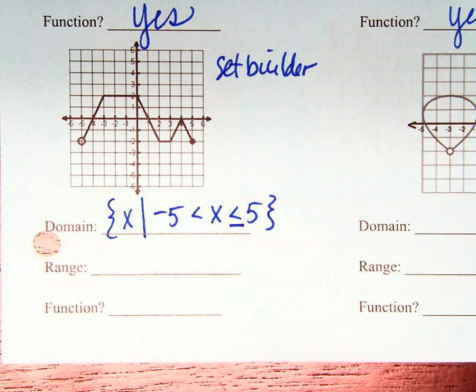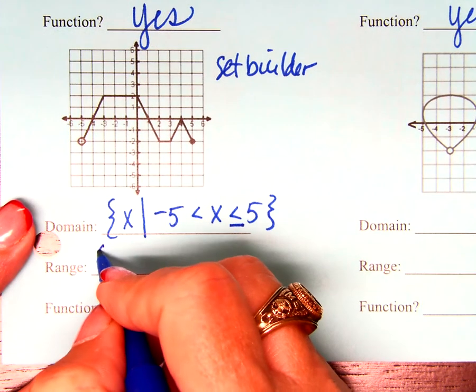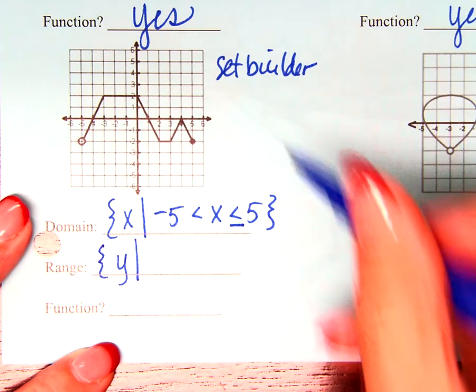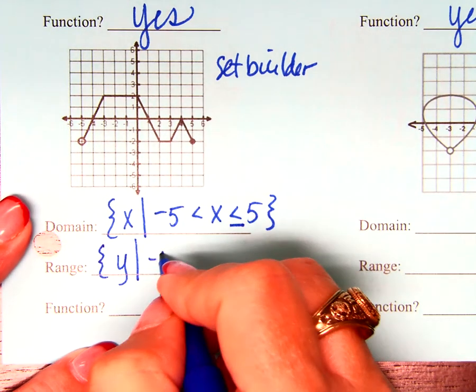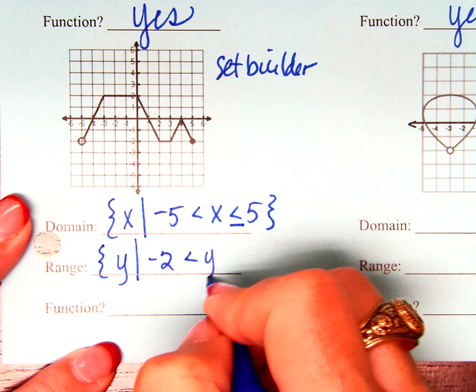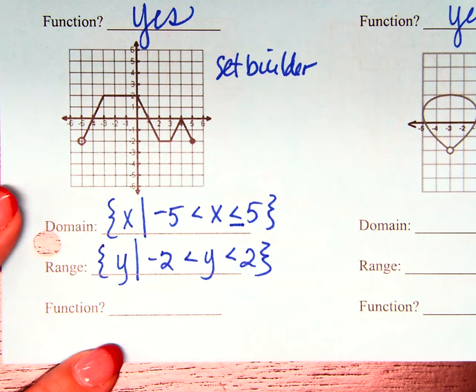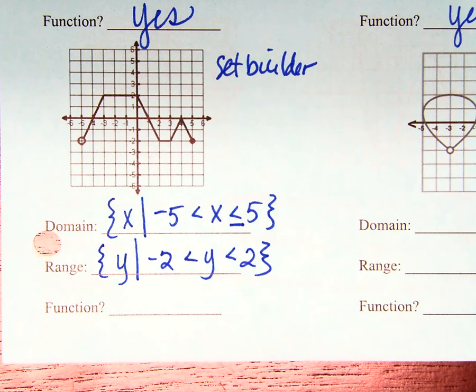Okay. What about range? -2 to 2. So -2. I just always start like that and then go back and fill in my inequality or my or equal to if I need to. Is -2 included? And do you see why that might be confusing to some people?